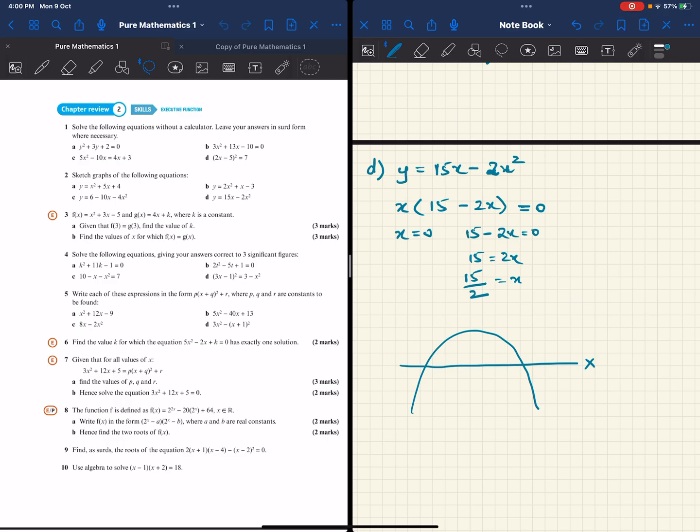So this is 7.5 comma 0. And this is 0 comma 0. And this is the y-axis. So the y-intercept is 0. And clearly we don't have a value for constant, which means the y-intercept is 0. And that answers part D.